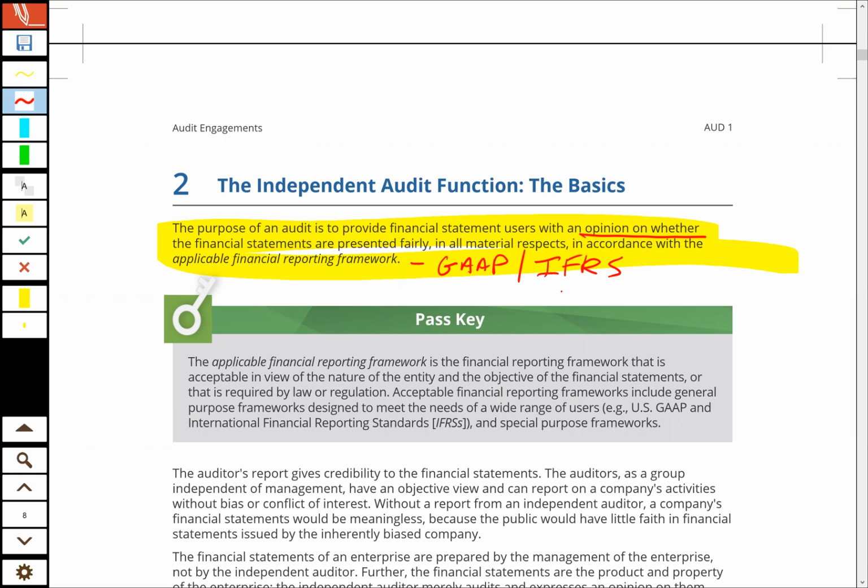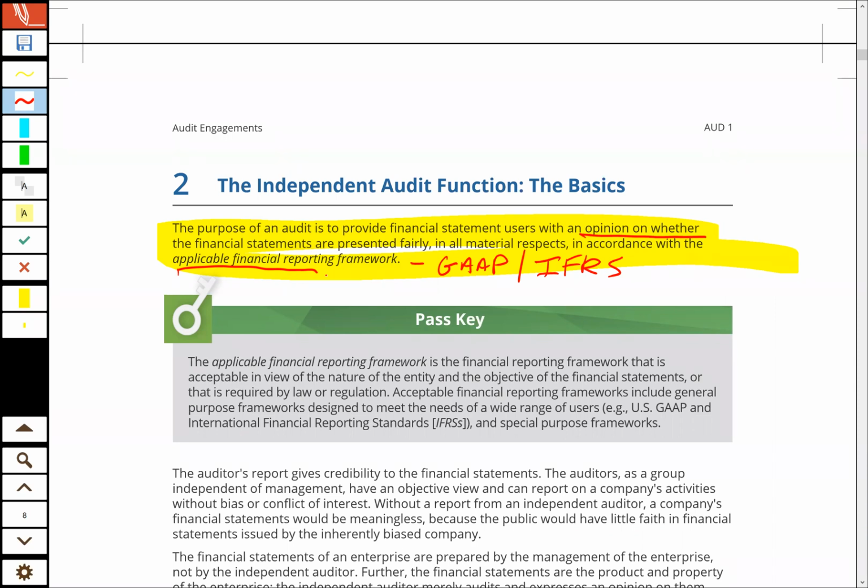It just depends on what the entity has determined is the applicable framework for them. Obviously, if they're a public company, they have to follow US GAAP. So it really depends on the company, but for the most part on the exam, applicable framework is going to be the US GAAP and IFRS standards.